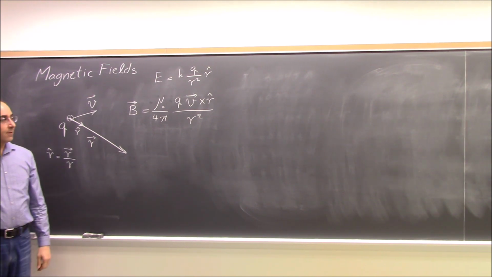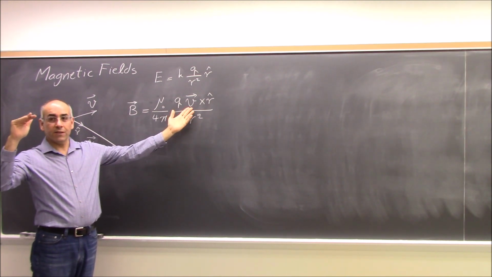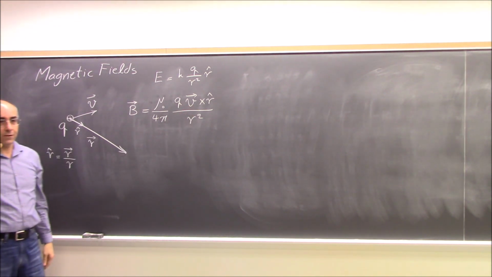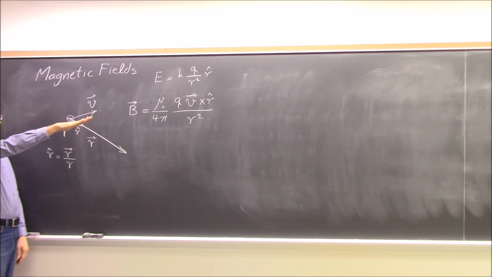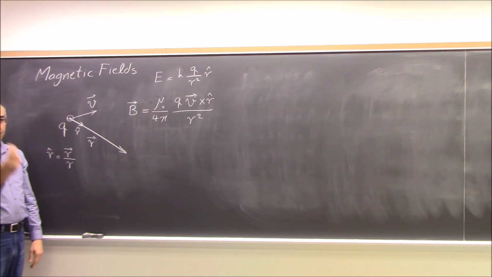Which one is it? You have a cross product, you put your 4 fingers in the direction of the first vector and turn into the second vector, and your thumb shows the direction. So if I put in the direction v, turn into r hat, my thumb shows the direction. So this twofold ambiguity that we have is removed by the right-hand rule.